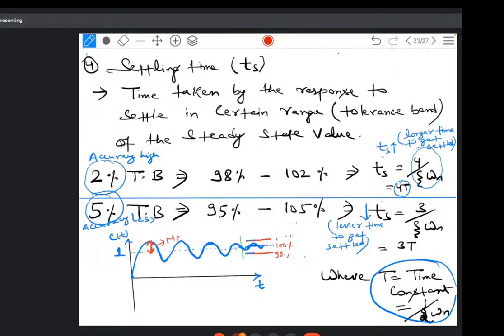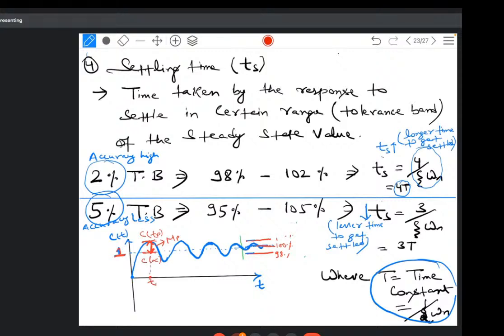So this part is C at TP, and this part is C of infinity, because this is my steady state output at t tending to infinity. So steady state output is written as C of infinity, and this part is C of TP, because this time was TP.